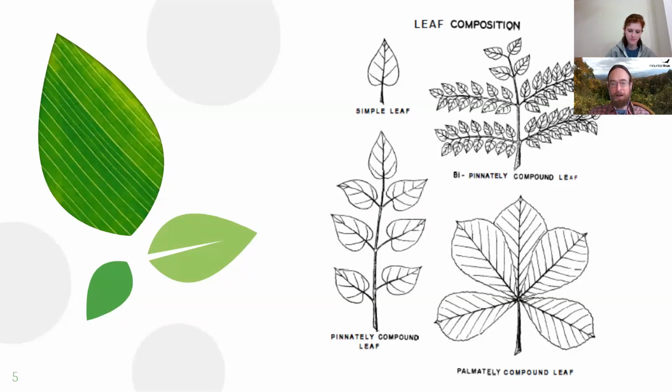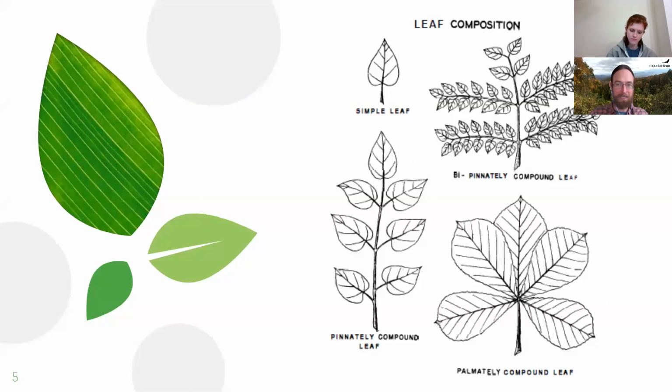Now, leaves that are divided are either called compound or divided, and they can be divided many different ways. Pinnately compound is what you'll see most often, divided along a rachis. That central stem would be termed a rachis, with little leaflets off each side of the rachis. Now that whole structure is really one leaf.